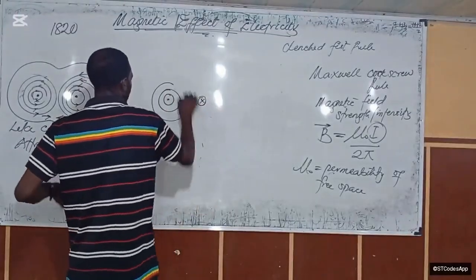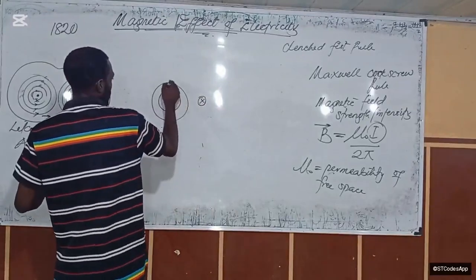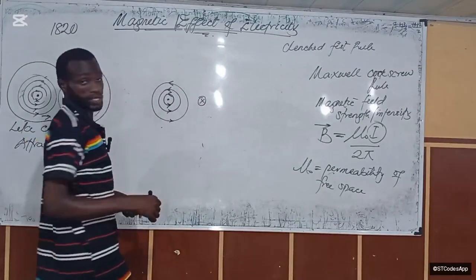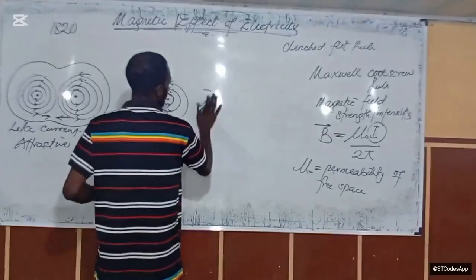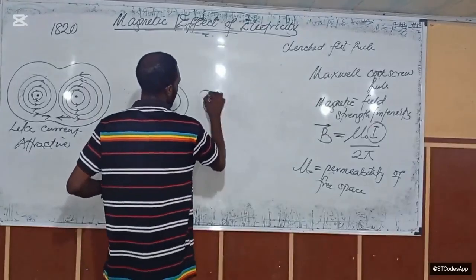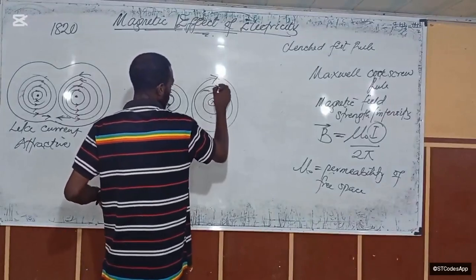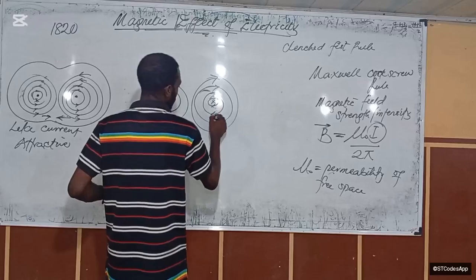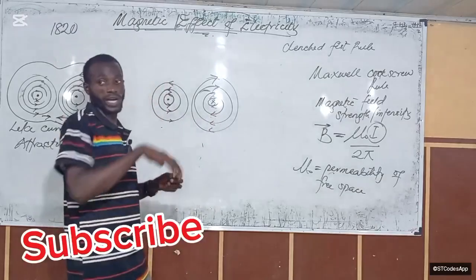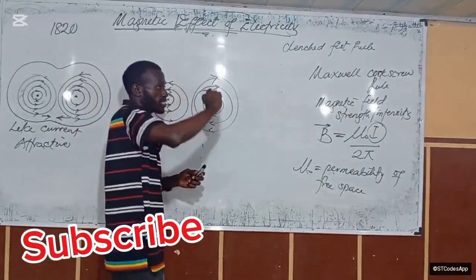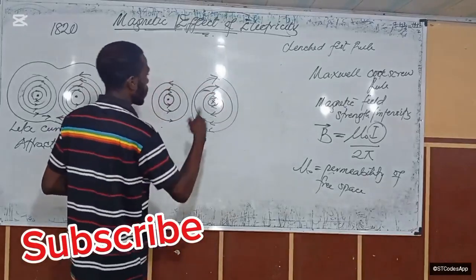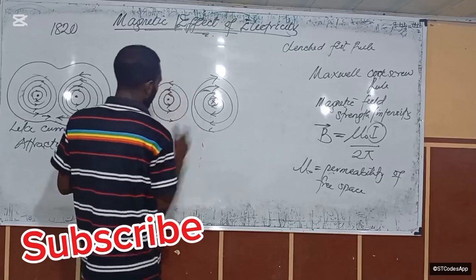So the magnetic field around this one, just like we had there, will still be anti-clockwise. In this case, let's bring them close together. For the other wire it is clockwise. Why is it clockwise? It's going into the board, so it goes like this, clockwise. If that's the case, what will happen?